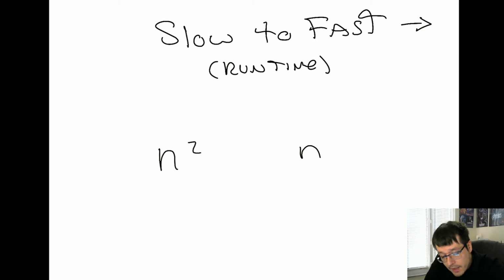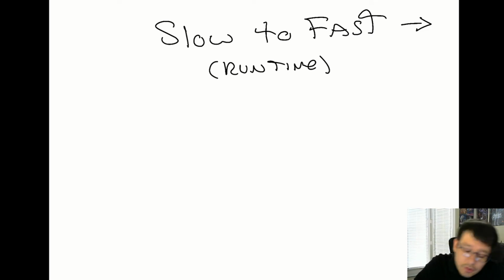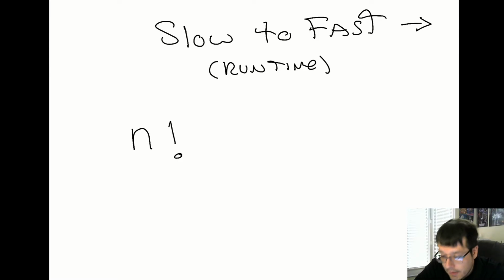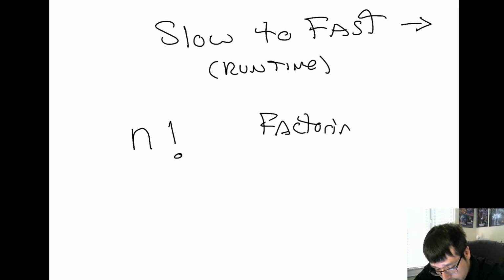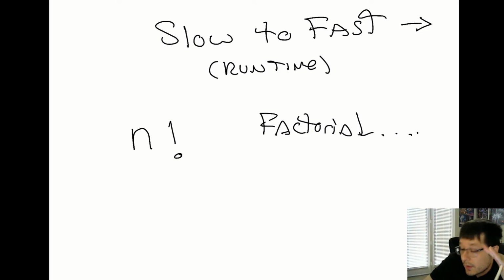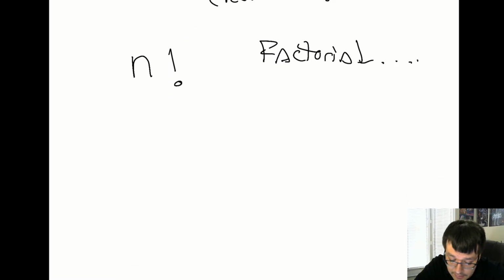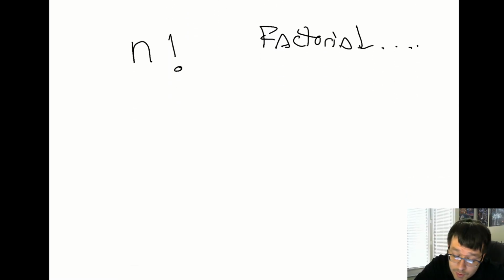So let me give you a list of a couple of them. The slowest possible code, also known as the fastest growth rate, is going to be that. It's called factorial. If you got an algorithm that's factorial, you have a problem, because that thing is not going to finish any day. You're probably going to age, and it will still be on step 5 or something, okay?